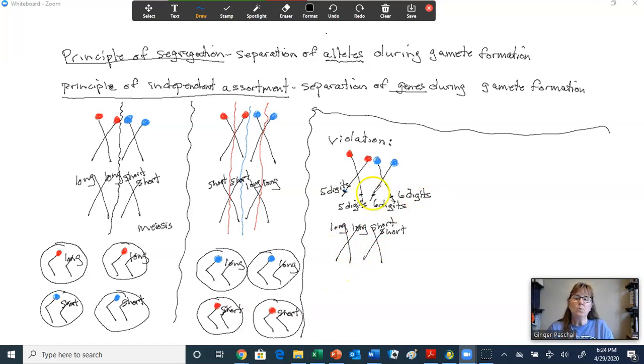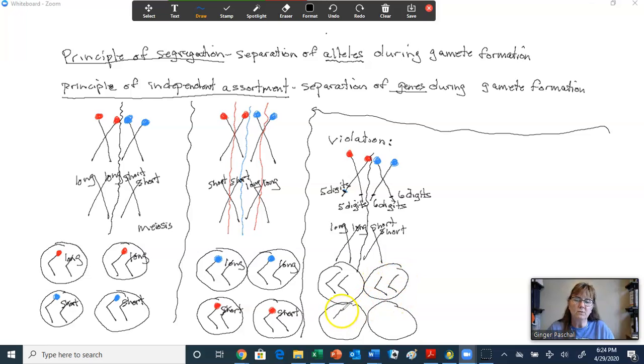Okay, so when we go through meiosis 1 and meiosis 2, we're going to divide here and we're going to divide this and we're going to divide this. We again end up with 4 daughter cells. We again end up with 2 single chromosomes in each of these cells.